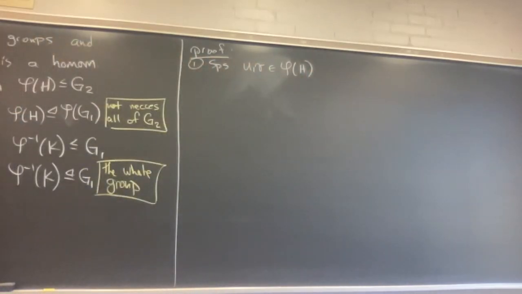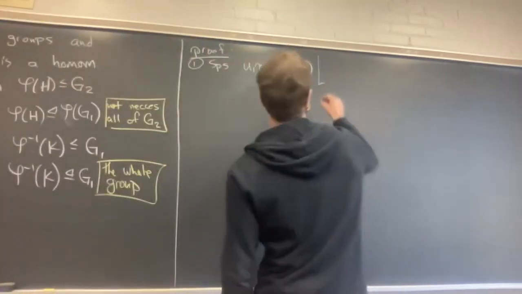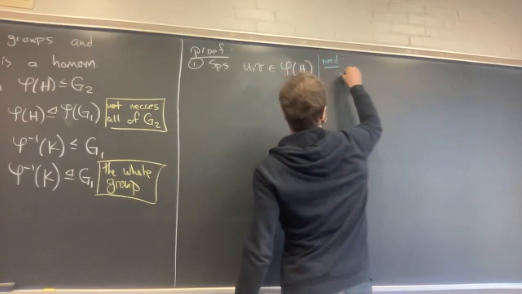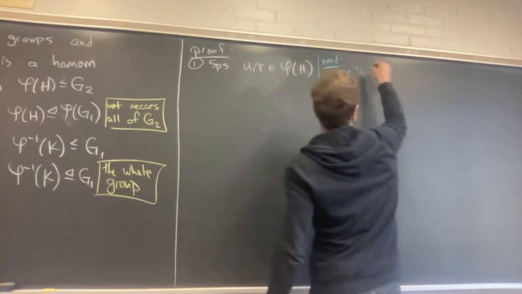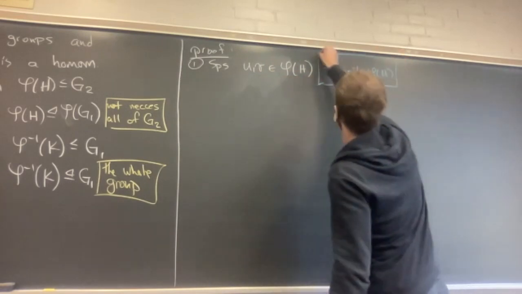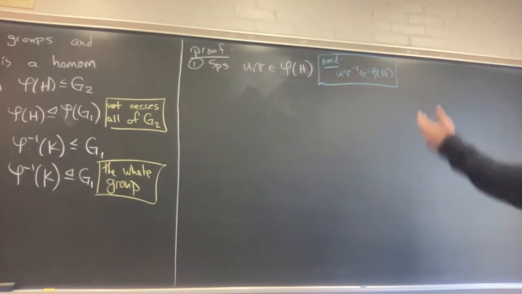All right. And then recall, in order to satisfy the hypotheses of the subgroup test, what we need is this: U V inverse is in phi of H, right? That would finish off the subgroup test argument, correct? Okay, so let's see how we can do this.